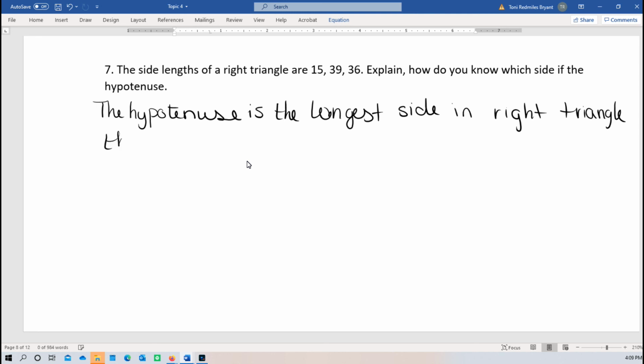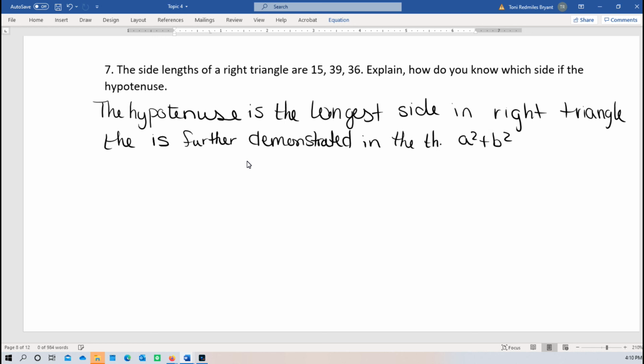This is further demonstrated in the theorem. I'm just going to shortcut that.